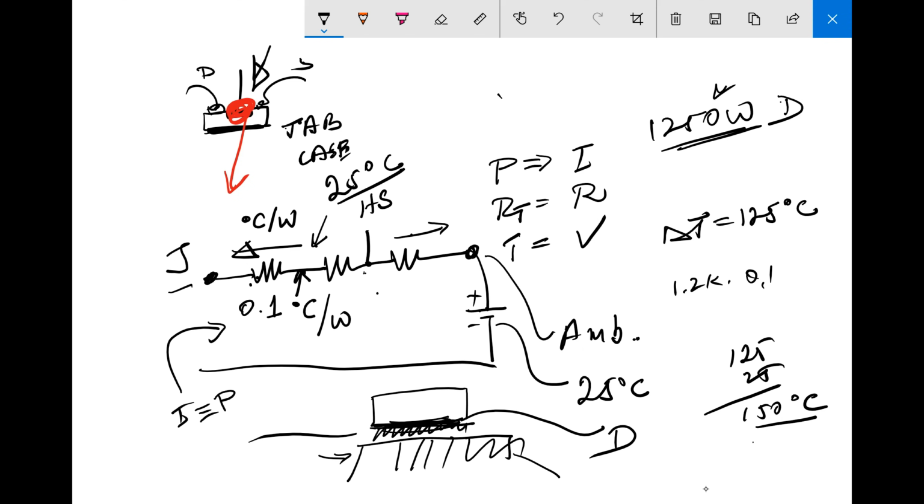The question is, of course, can we keep this at 25 degrees at the case?